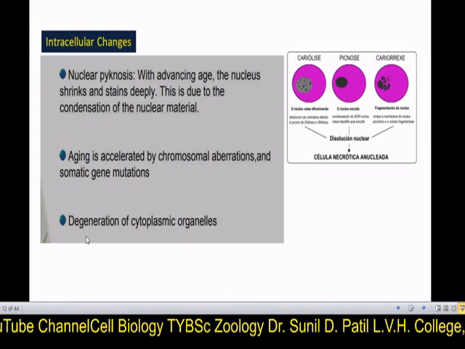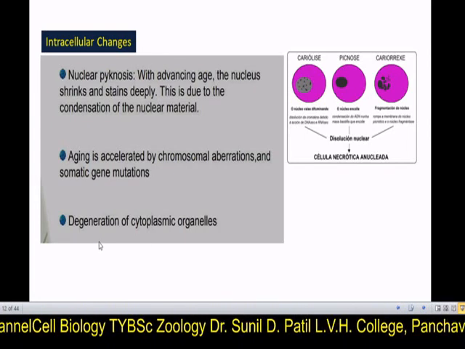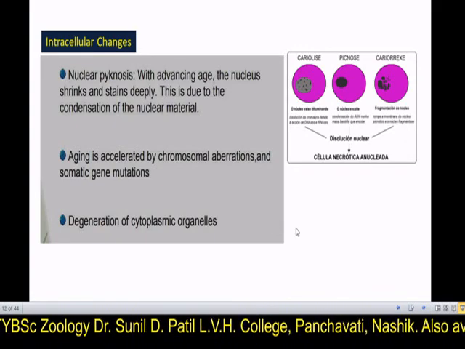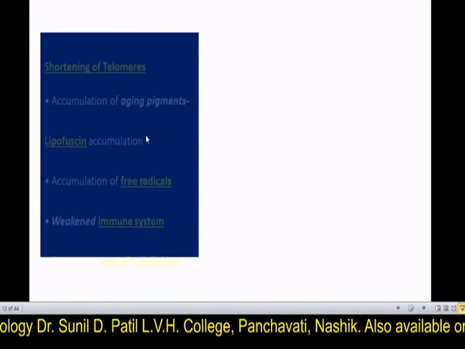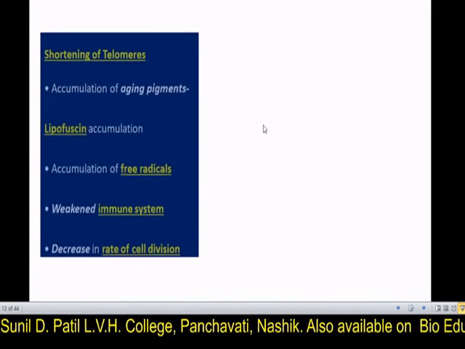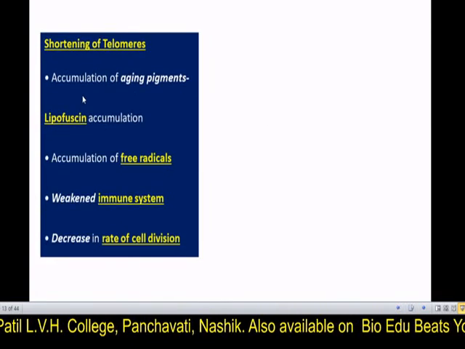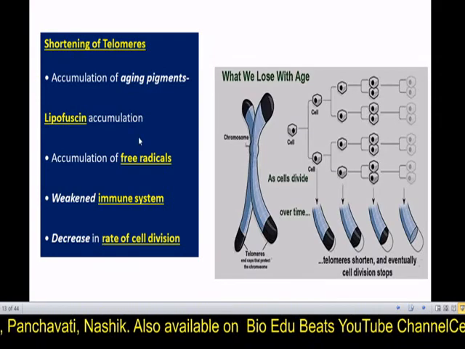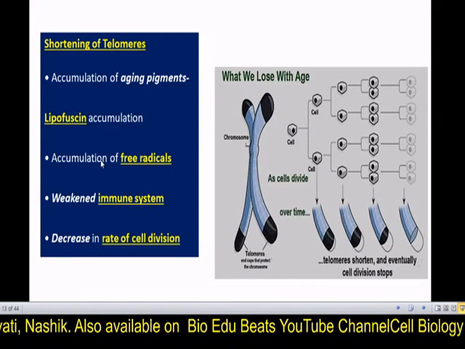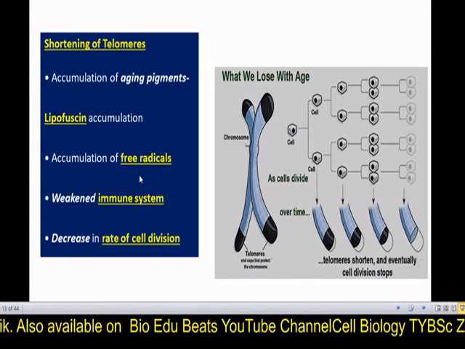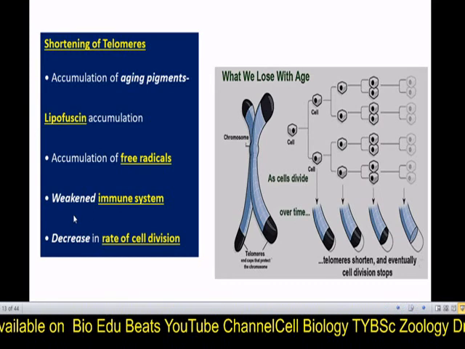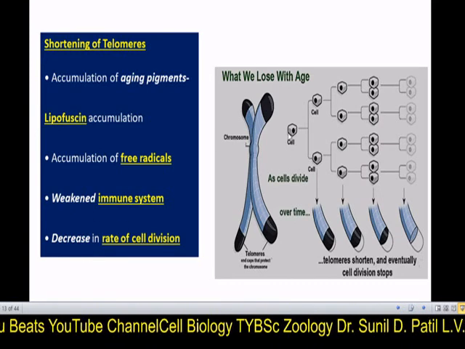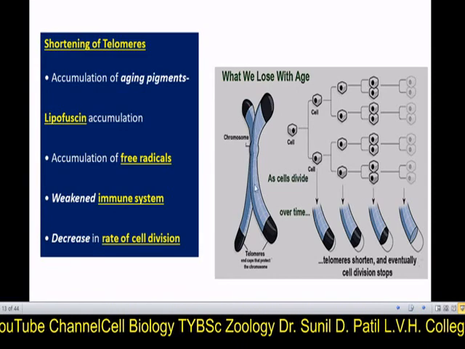These are the reasons. Due to changes in the nucleus, degeneration of cytoplasmic organelles also takes place in the intracellular aging. The shortening of telomere, which is very important; accumulation of the aging pigment, lipofuscin. It is lipofuscin that accumulates, then accumulation of free radicals, second thing. Third thing, weakened immune system, and fourth thing, decrease in the rate of cell division. You can see these things happen here.